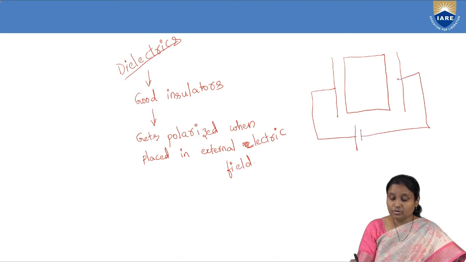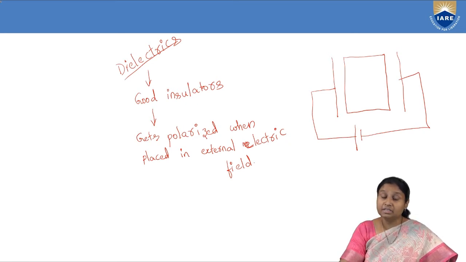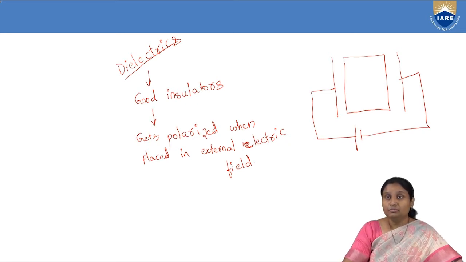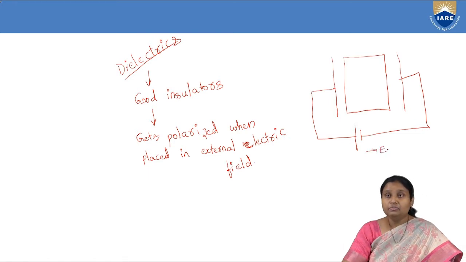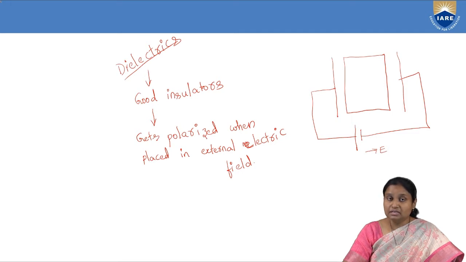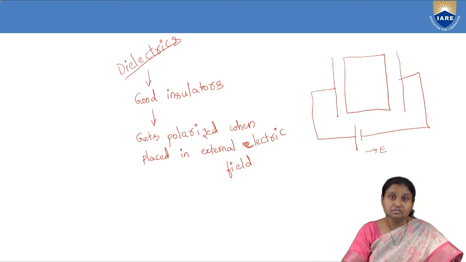Generally we cannot take the terminals of the voltage and directly connect them to the dielectric material. And what we observe here is that the capacitance of a capacitor changes when we insert a dielectric material, compared to the capacitance of the same capacitor when there is air between the plates.